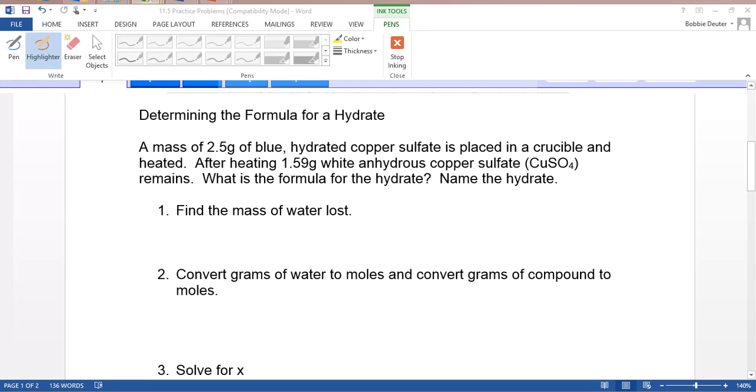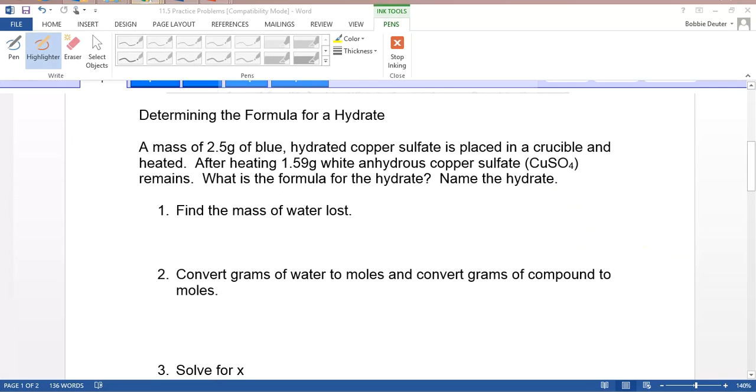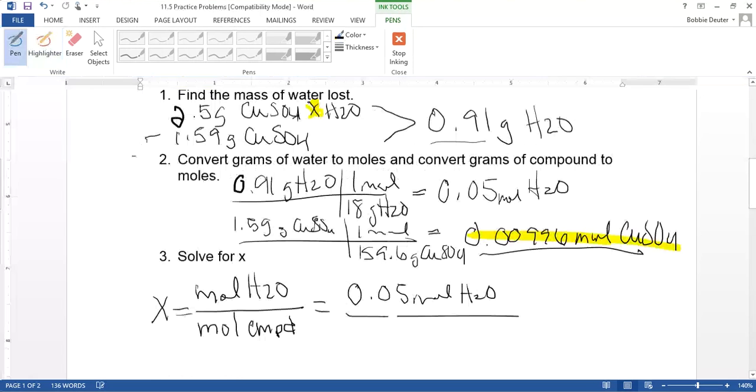So in this case, here's our moles of water, and here's our moles of our compound. We're going to put our moles of water, 0.05 moles. I put the wrong label here too, it should be moles. Moles of water goes here, and we're going to put that over our moles of our compound.